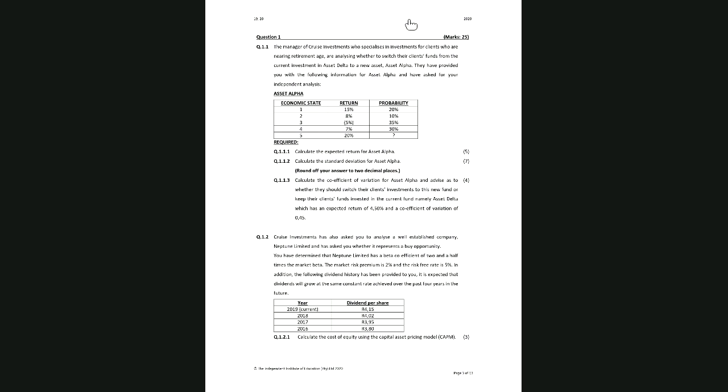So basically what they've got to do is choose which one of these 2 assets is going to be the most profitable asset to invest in. Also given that these are retirement age clients, they can't take on too much risk, and they provided you with the following information for asset Alpha, which is the new one, and asked for your independent analysis.